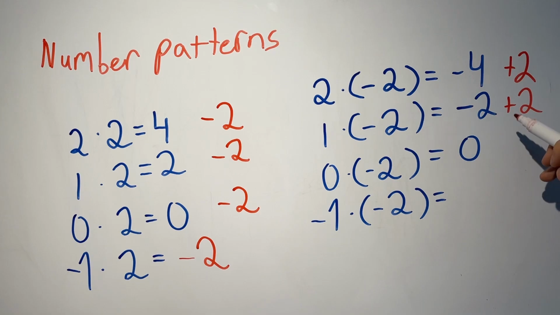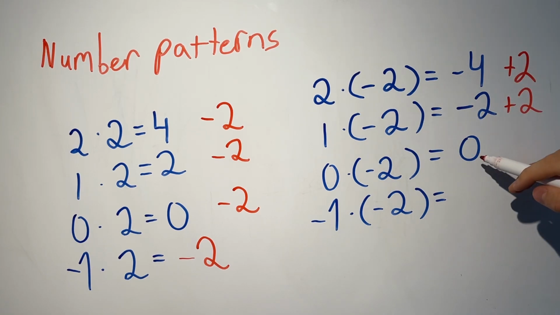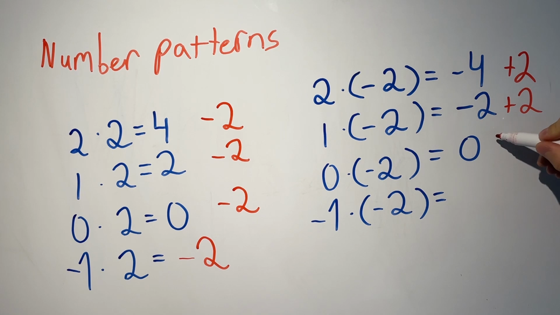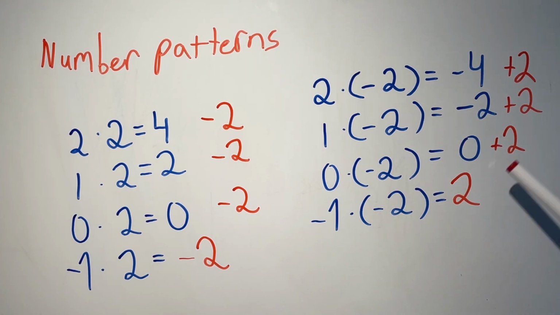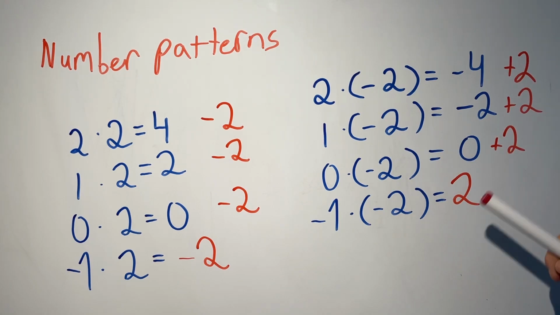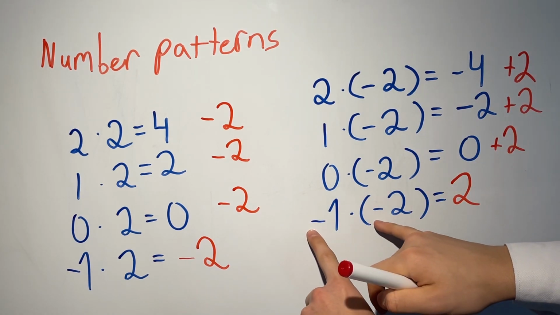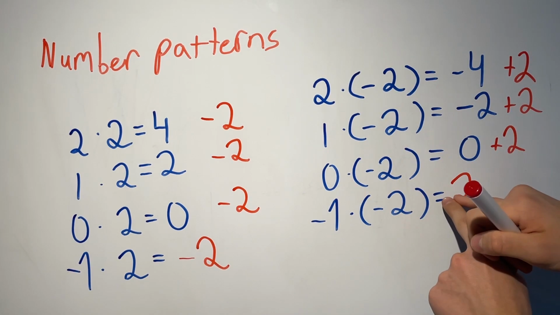And if we add 2 to negative 2, it's 0, right? So now if we keep going, we should add 2 again, right? And what is 0 plus 2? Well, it's 2, right? To keep the pattern, this just has to be 2, which means by logic, 2 negatives actually gives us positive.